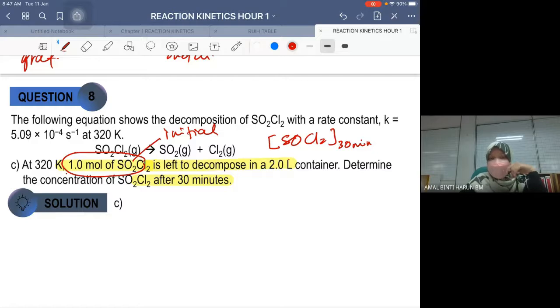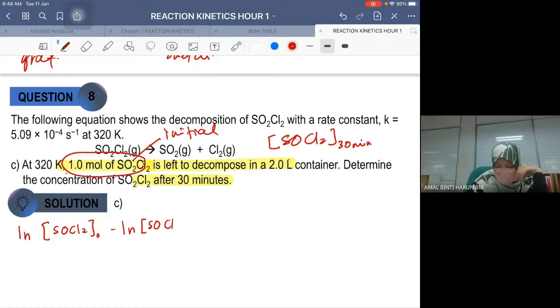So kita boleh cari apa? Menggunakan concentration lah. Guna integrated, which is ln SOCl2 initial minus ln SOCl2 selepas berapa minit? Selepas 30 minit. Equal to kt. Guna integrated formula.